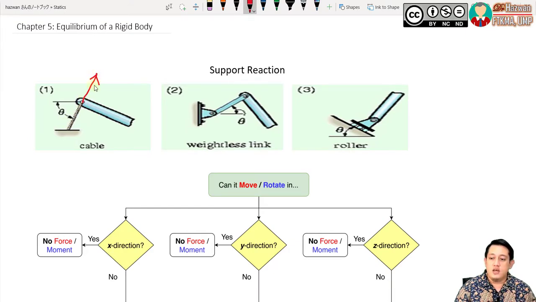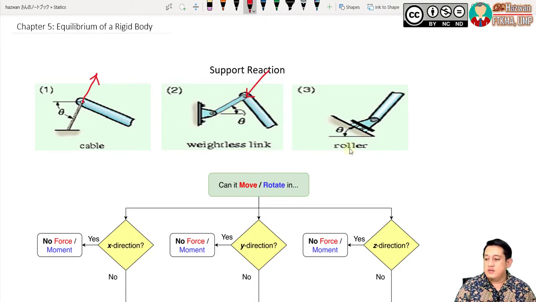Like this weightless link also, let's say we put a force in this direction, so this thing will not move because we have this link here.